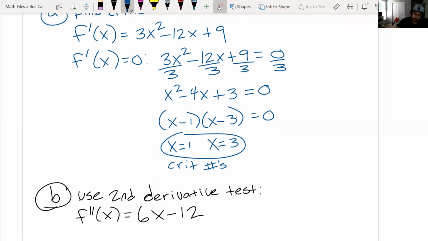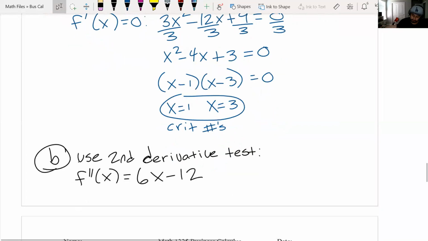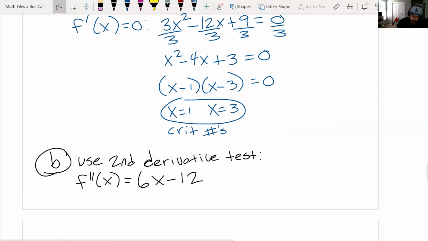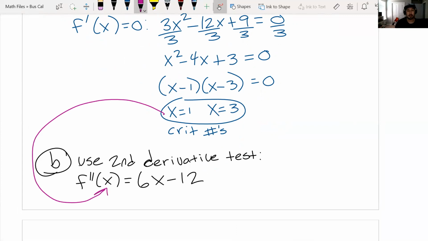Okay. Now, what we want to do, if we're using the second derivative test, is take these critical numbers and plug them in for x. So this means that we'll get f double prime of 1 and f double prime of 3.